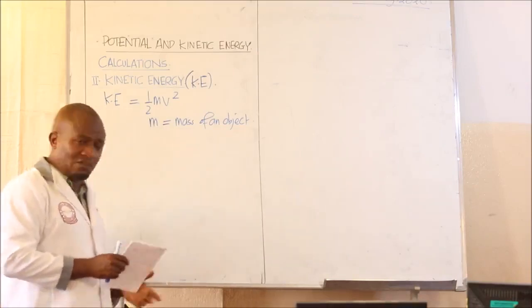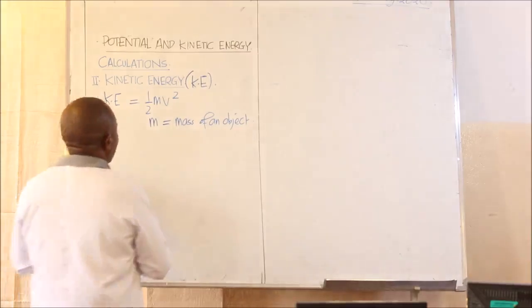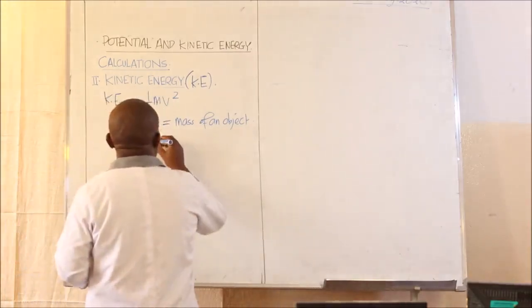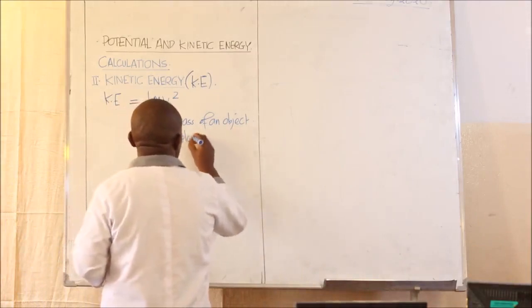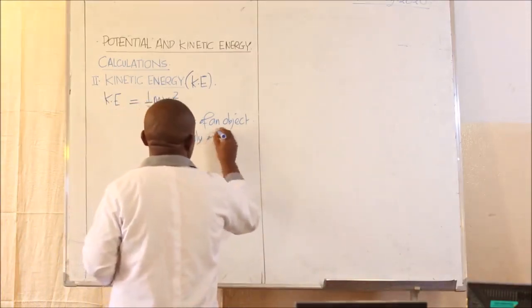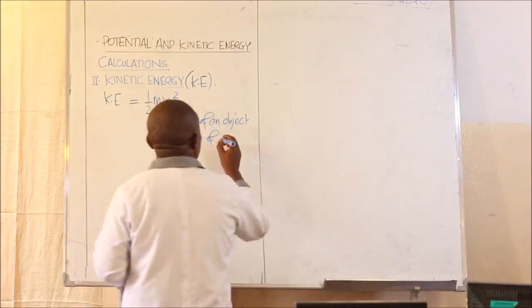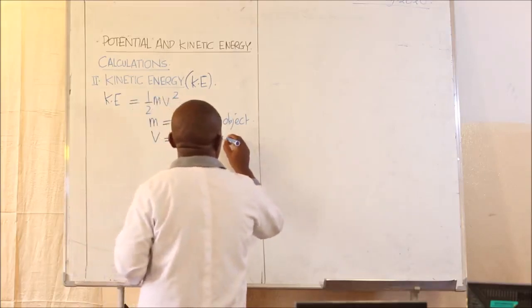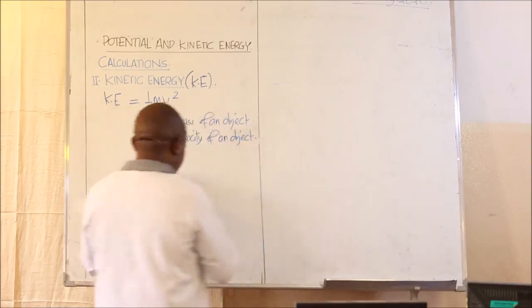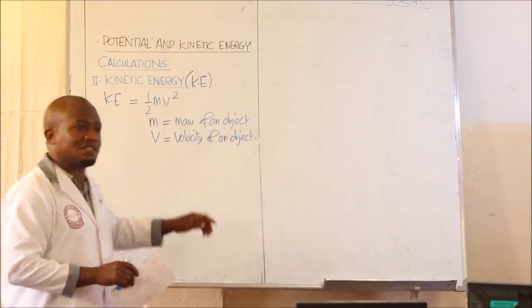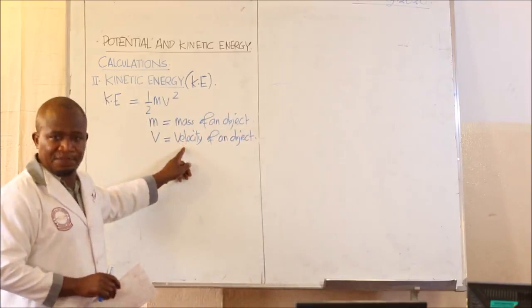Then we have letter V. V represents the velocity of a moving body, velocity of an object which is in motion. So any moving body has the so-called velocity.